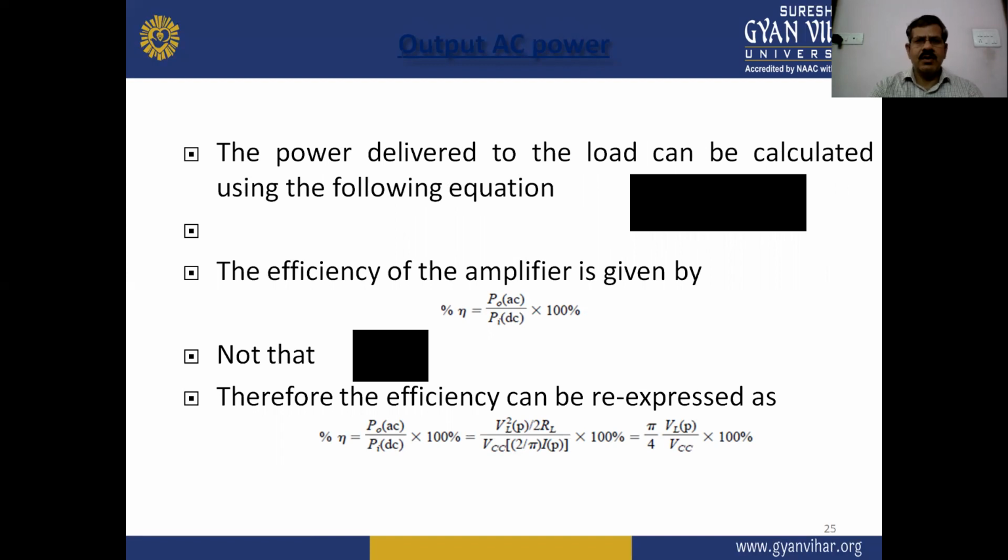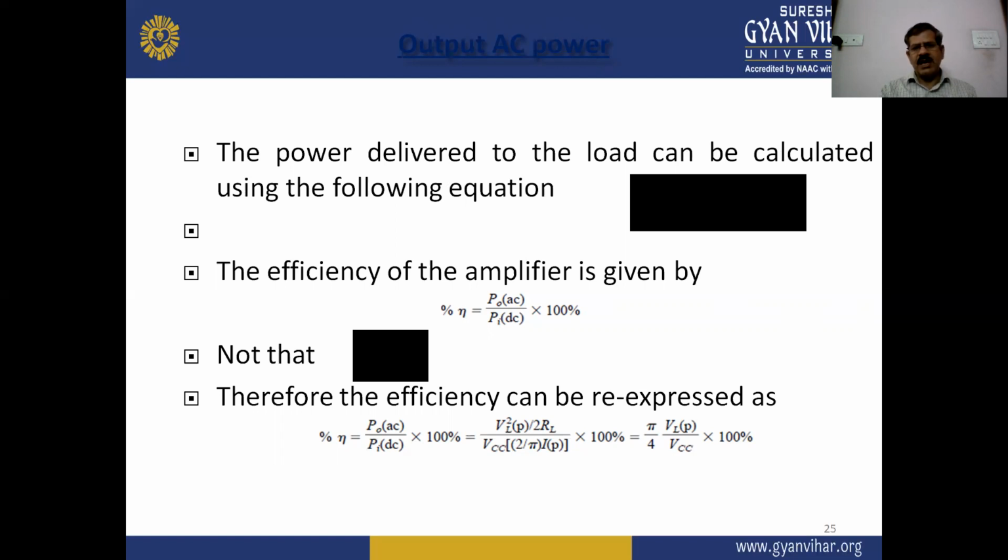The output AC power of the class B amplifier, the power delivered to the load, can be calculated using the following equations. The efficiency of the amplifier is given by P_o(AC) upon P_i(DC) multiplied by 100.